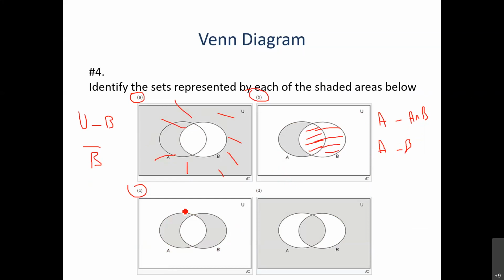So here it's kind of like I want the elements in A, the elements in B, but not both at the same time. So you're saying, is it A bar intersection with B bar?